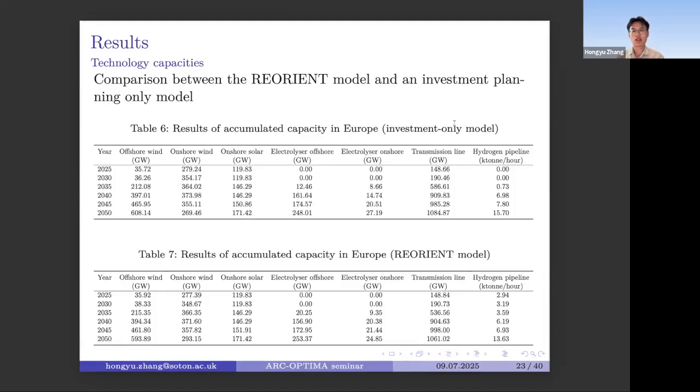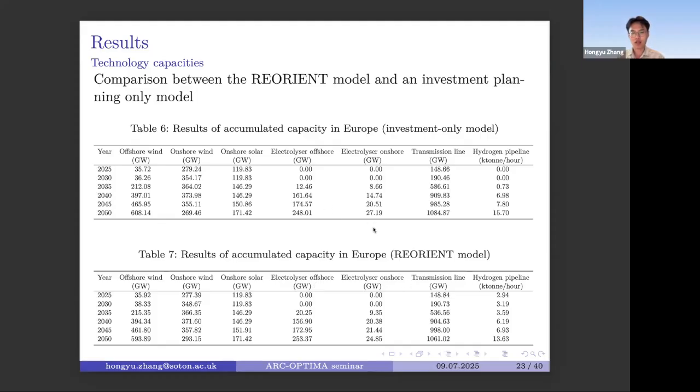One thing I need to explain is that we did a comparison study, where we compare the reorient model, where we have different types of decisions, with an investment-only model, which is a more conventional planning model with only decisions in new capacities.